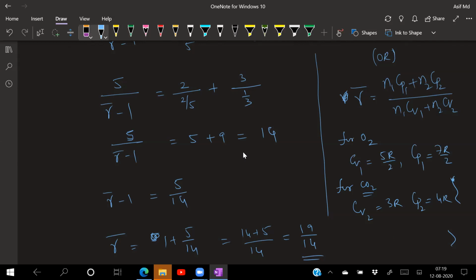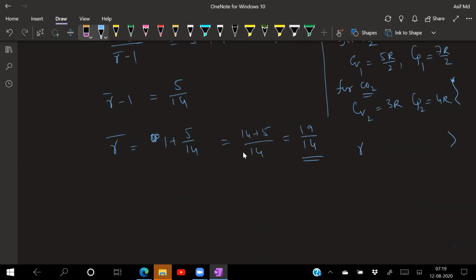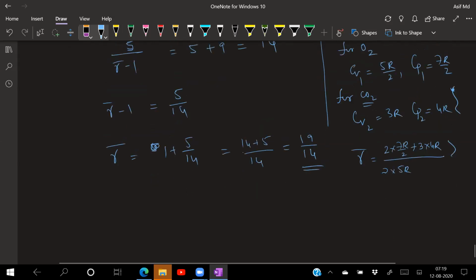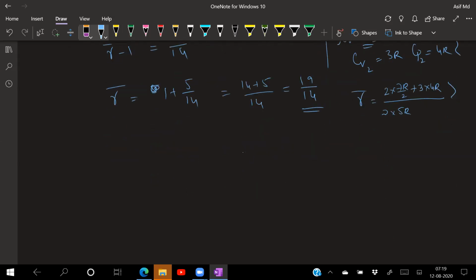So now you can use the relation directly. So gamma bar is equal to 2 into 7R by 2 plus 3 into 4R, divided by 2 into 5R by 2.